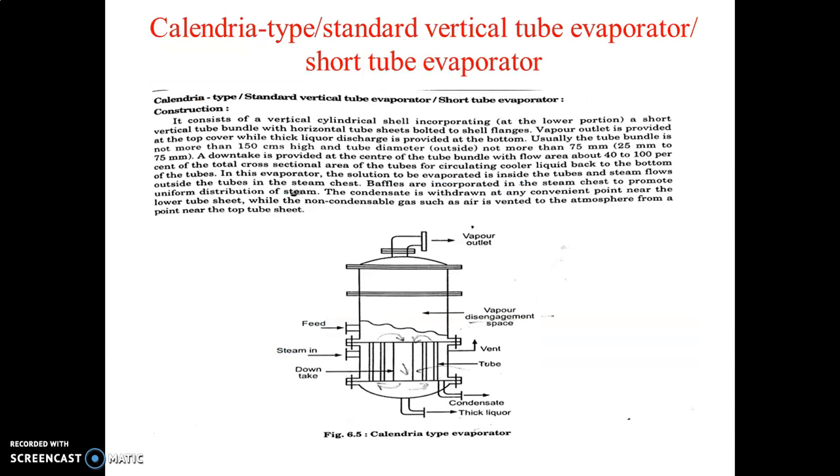So in working, you add the feed from here and the steam from here. The feed liquor covers the top of the tubes, and heat transfer takes place by condensing steam. The vapors formed are removed from the vapor outlet provided here, and then the concentrated liquor, that means thick liquor, is taken out from here.